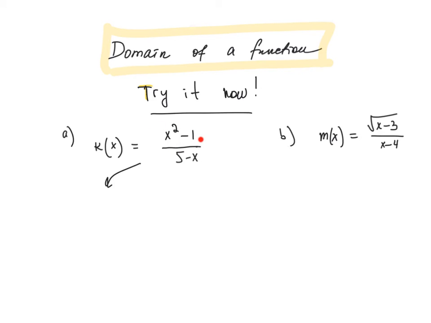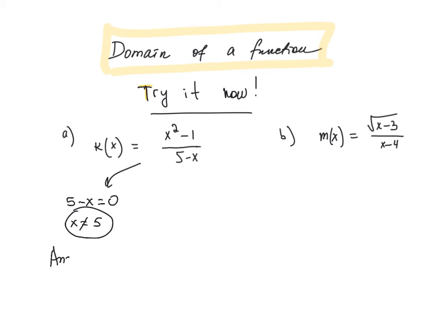It's just x squared minus 1, no square roots, so I'm not worried about that. I do want to focus on my denominator, and I know that the denominator cannot be equal to 0. So I say 5 minus x equals 0, and let me solve it. So x equals 5 is a bad number. As I said, you can just put not equal to 5 if you want, circle it, and that's it. So we're done. Everything is good except for x equals 5.